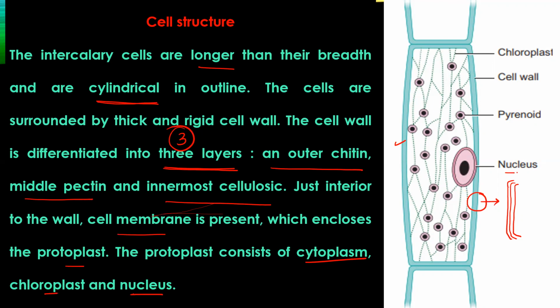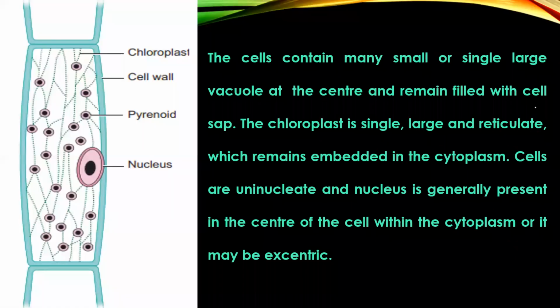See, it has got a nucleus, it has got chloroplast, it has got a cell wall, and the chloroplast has got pyrenoids, right? The cells contain many small or large vacuoles at the center and remain filled with cell sap. Along with cell sap, they also contain excretory products.